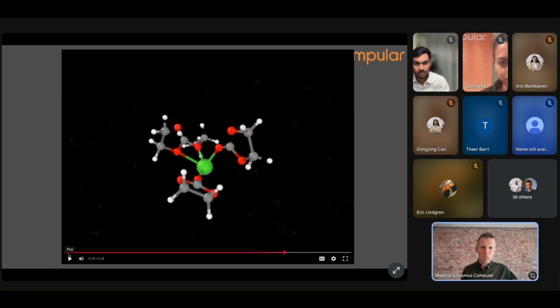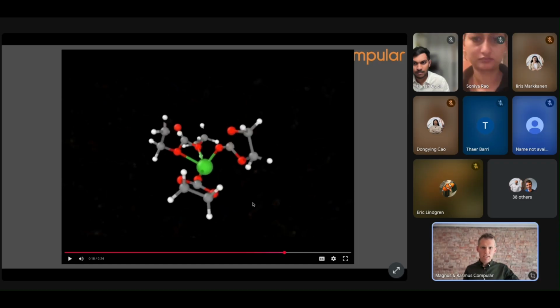So this is an example here where we have a lithium ion in the middle, and it is surrounded by a couple of different solvent molecules. So this is an ion with its solvation shell. And this is information that we then use to actually compute some transport properties. I'm not going to go into detail of exactly how that is done. Some of it is in the papers that you can read.